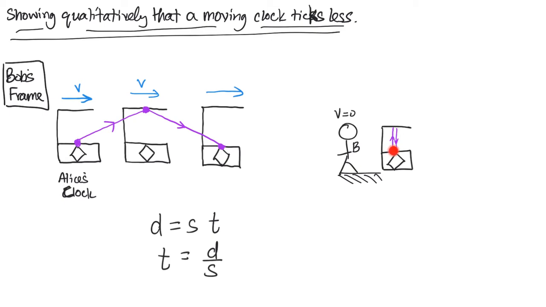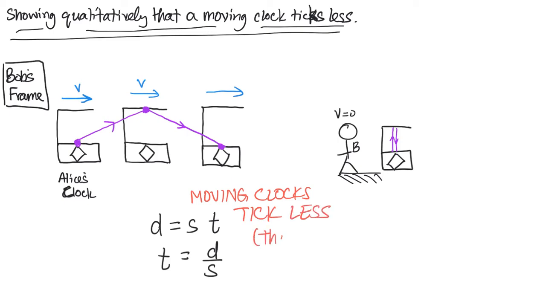Whereas in Bob's frame, all it has to do is to go up and down. That's a shorter trip, so that will happen more quickly. So if Bob's round trips are more rapid, then his clock will tick more times for every one tick of Alice's clock. So the summary statement here is that a moving clock ticks less. Okay, moving clocks tick less.